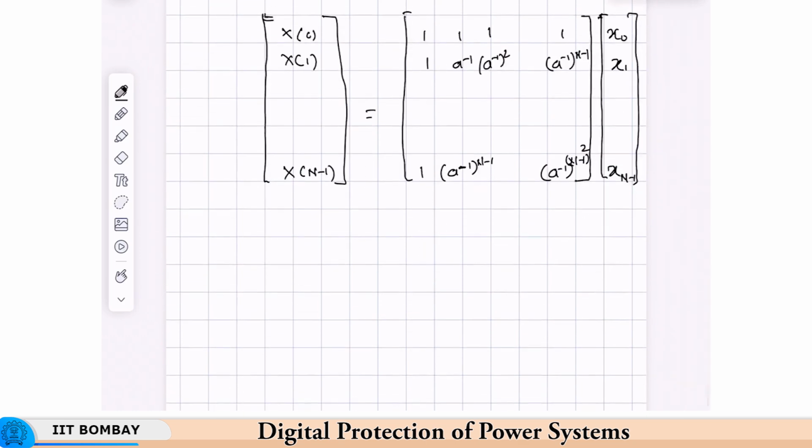So, this matrix, if we denote it as P or T or whatever matrix, earlier in the symmetrical component discussion we have used T, but now we are using P just for the sake of convenience, nothing else. So, here we get x, the index of this vector is from 0 to say n minus 1.